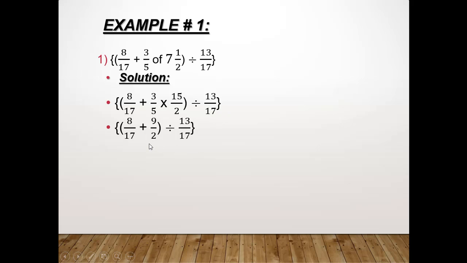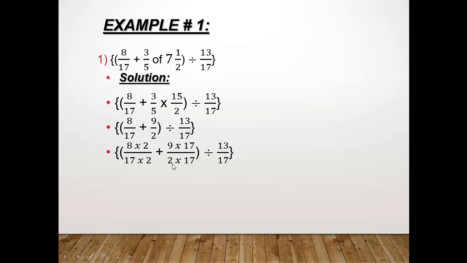In the third step we are going to take the LCM of these two values, 17 and 2, and the answer is 34. So we read the table of 17: in the table of 17, 34 comes at 2 times. So we have to multiply the numerator and the denominator by 2.